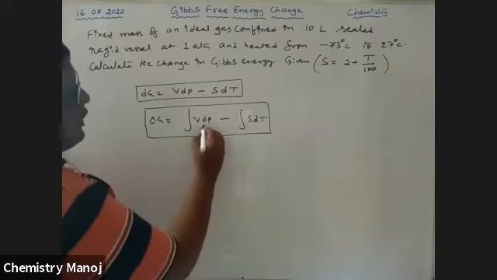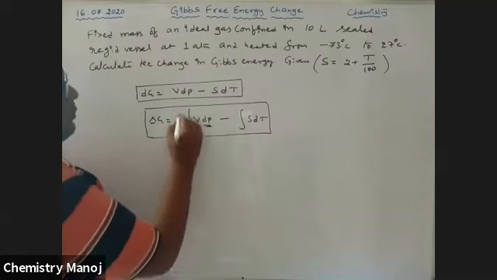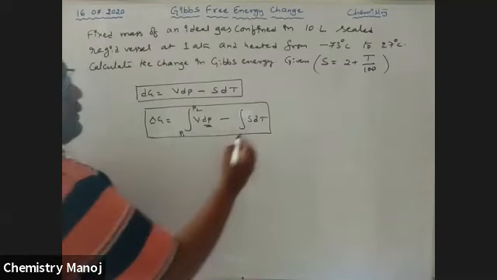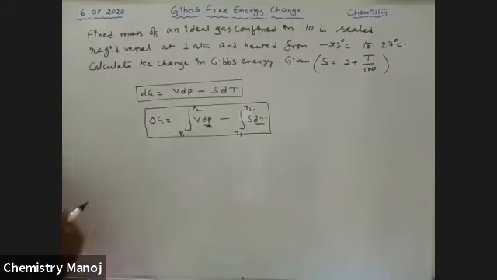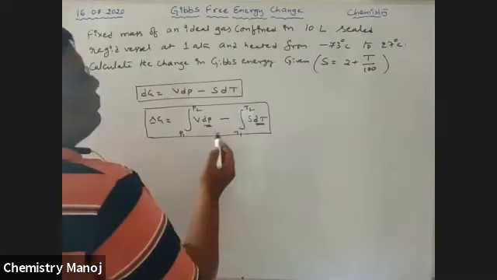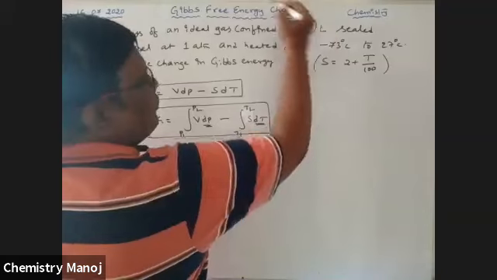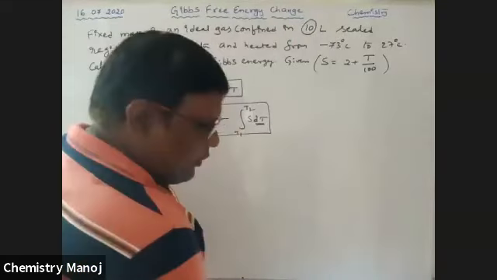Here the changing value is the pressure, P1 to P2. Here the changing value is the temperature, T1 to T2. In your given problem, volume is given to you.